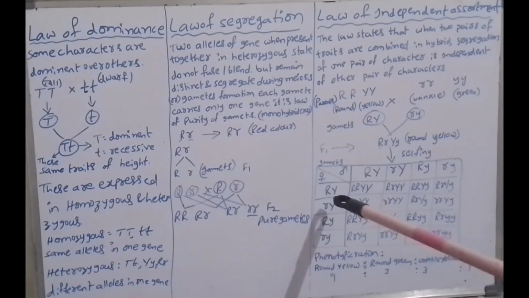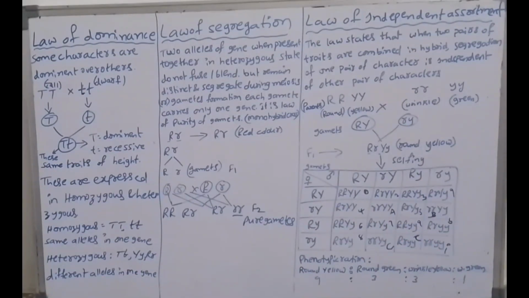Next one: capital R means round, capital Y means yellow, small r means wrinkle, small y green. Capital R round, small y green, small r wrinkle, small y green. So these are male gametes and female gametes, crossing male and female gametes.